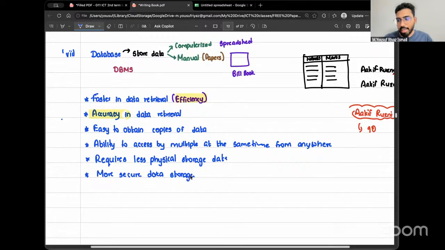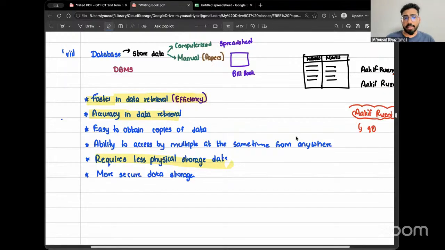In terms of good answers out of this: efficiency in data retrieval, that's a good answer. Accuracy in data retrieval, a good answer. Requires less physical storage space, a good answer. Easy to obtain copies is a secondary answer. But in terms of primary answers, these three are very good answers. Others are all fine, not bad.